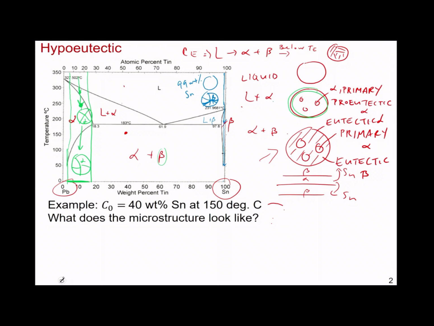Then the beta could show up as some precipitate like this. Depending on your material, it could be in the grain like this, and it could also be right at the grain boundaries like this. That's what the microstructure would look like when you solidify in this composition range for this eutectic phase diagram.